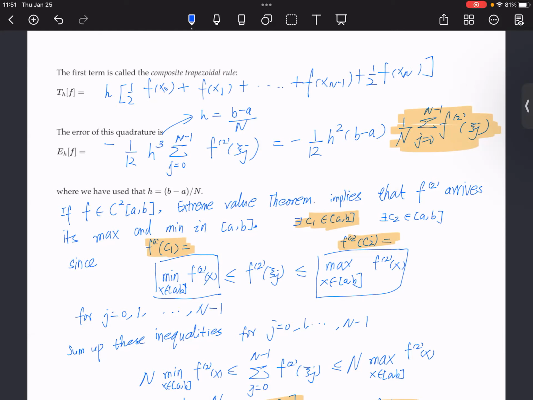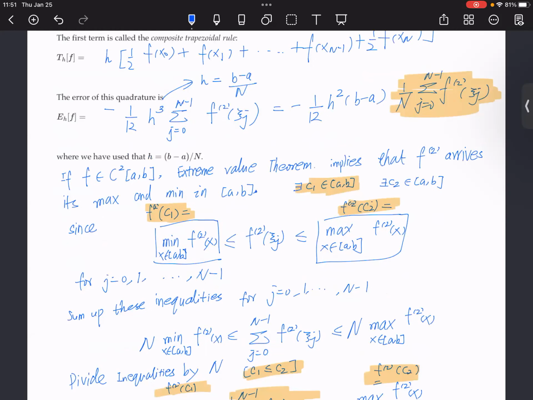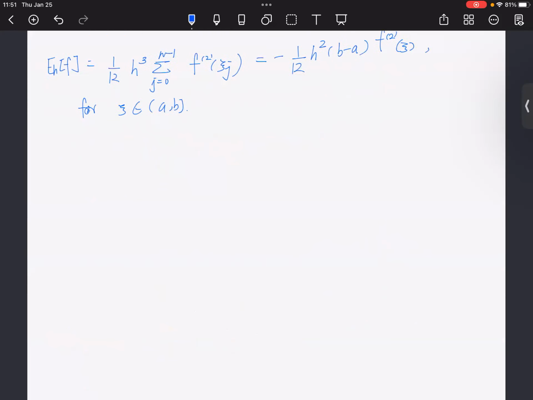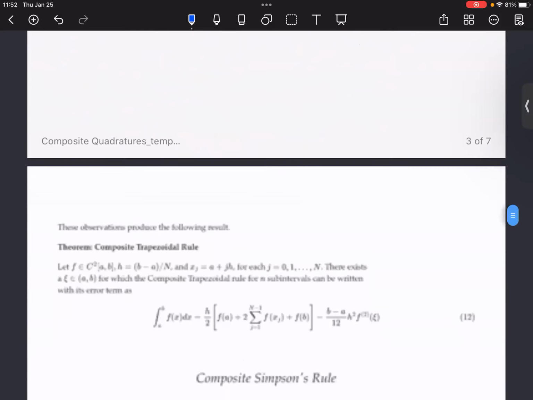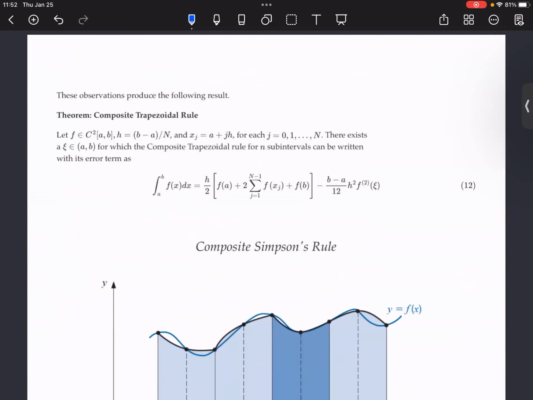We use two theorems here to get the common C. And from these observations, we have one conclusion here. This is the trapezoidal rule, and for the node points in between there is a coefficient 2, and for the endpoints, the left endpoint and the right endpoint, we have the coefficients 1.